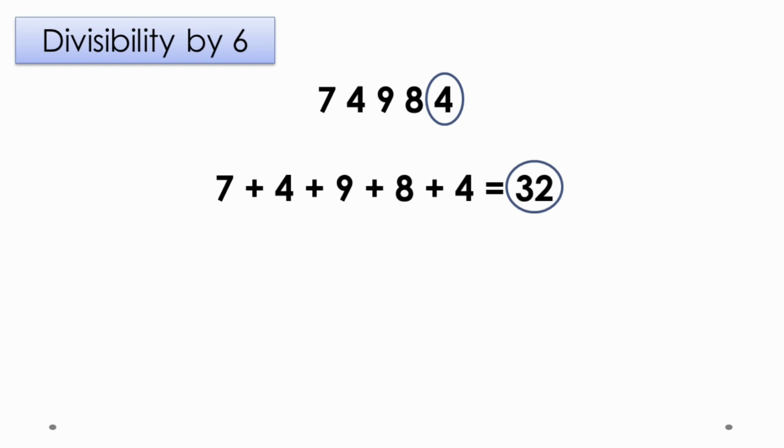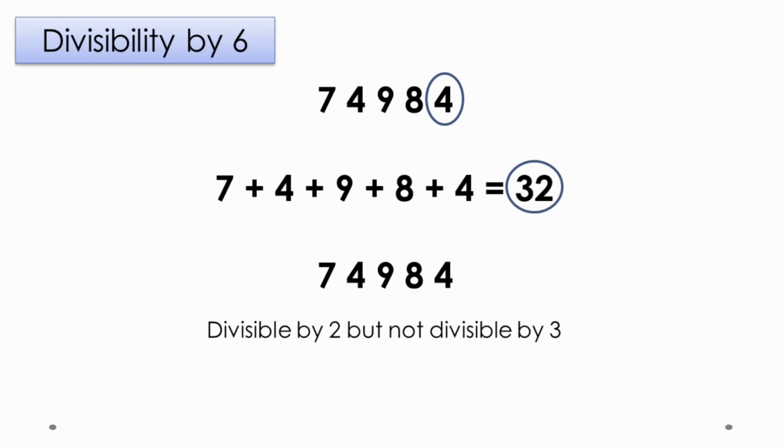Now 32 is not divisible by 3 as it does not appear in the table of 3. So we see that the number 74984 is divisible by 2 but not divisible by 3. If the number is not divisible by any one of the numbers out of 2 and 3, it will not be divisible by 6.